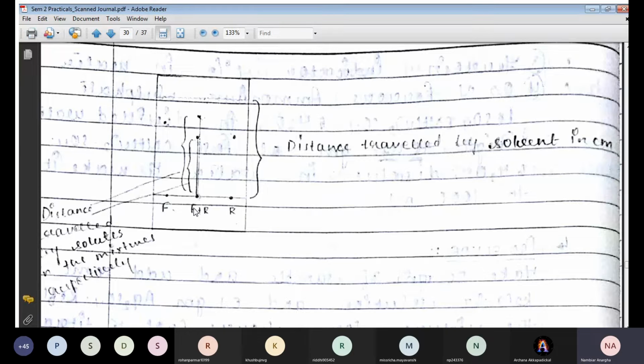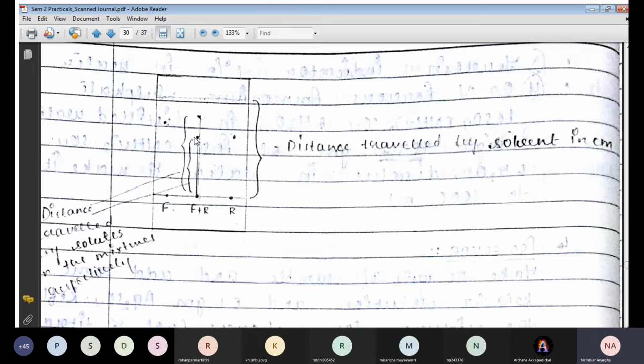Now the reason that we are using standards, meaning pure fluorescein and pure rhodamine, is that when the mixture runs and shows a separation, we need to understand where our exact spot is.